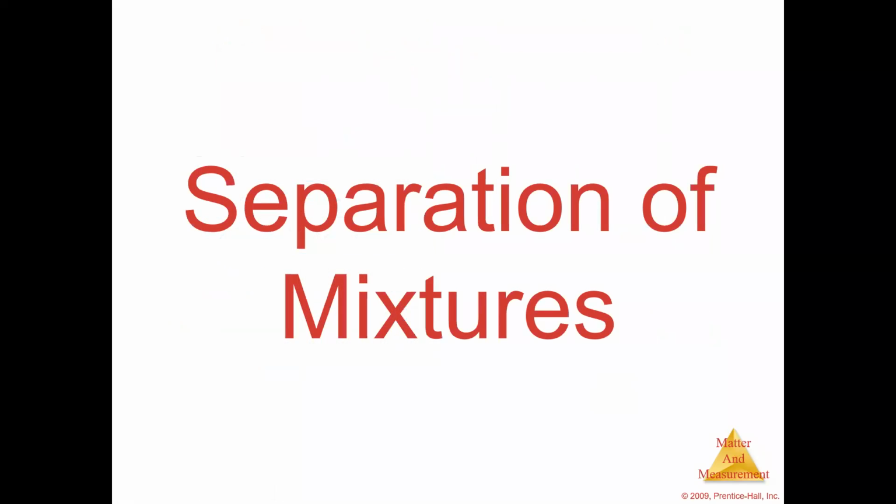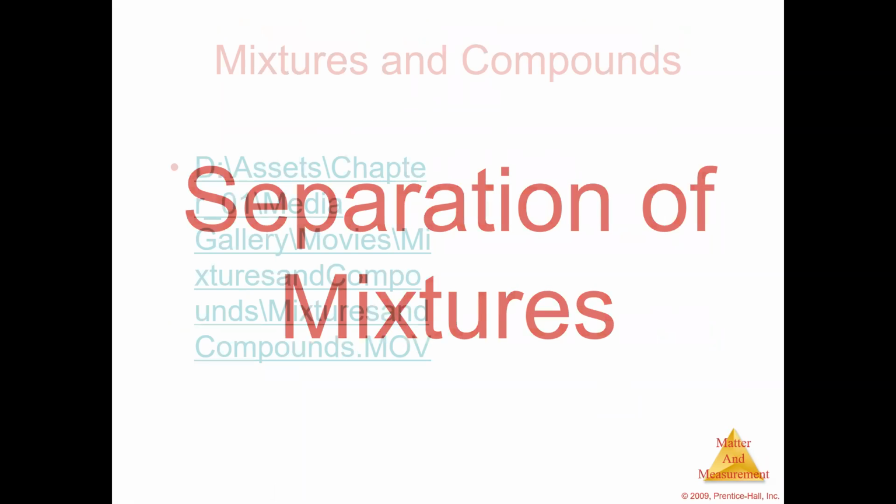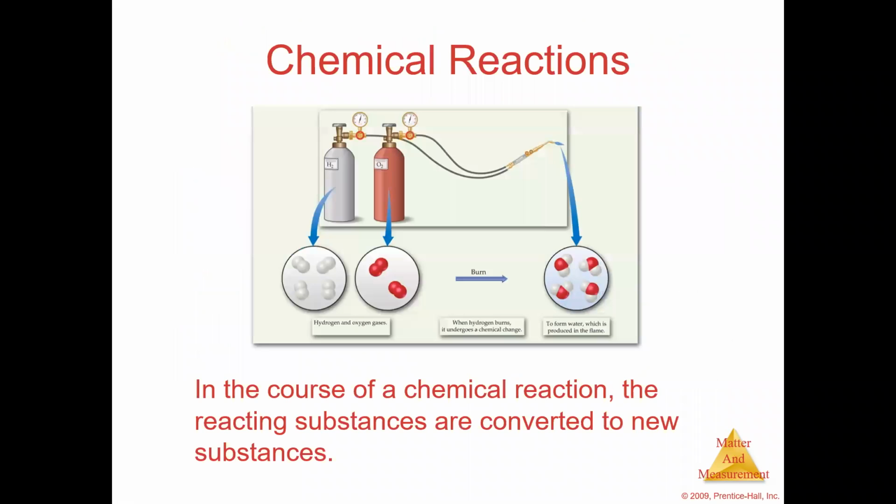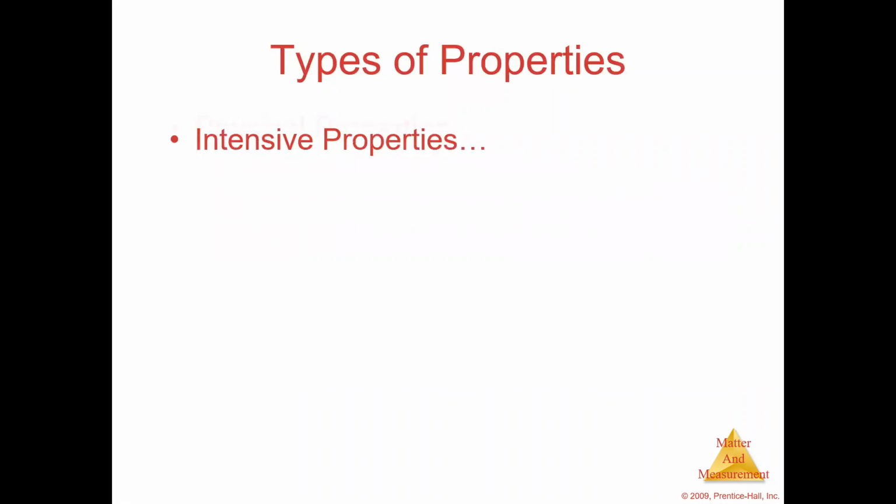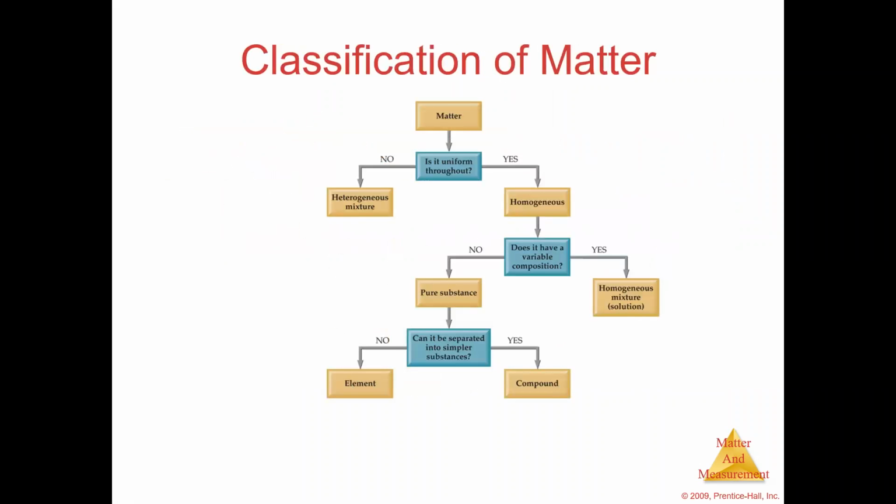Skip that. Okay, so when we were talking about the different types of matter back, let's just go back there. Here, we were talking about things that are mixtures. So we have a heterogeneous mixture and we have a homogeneous mixture.